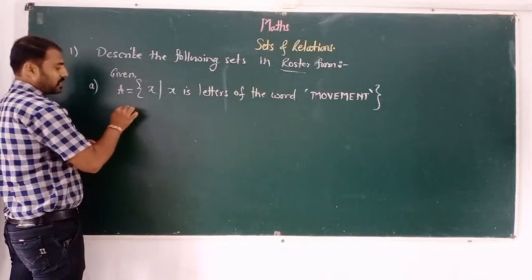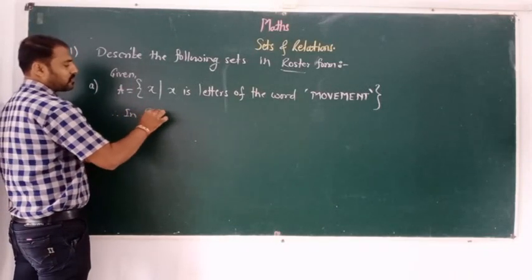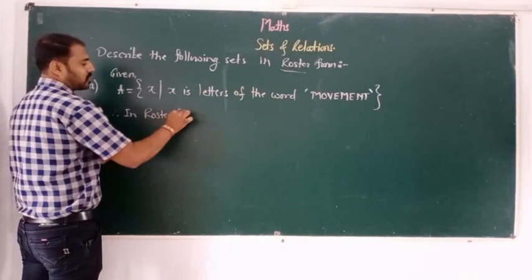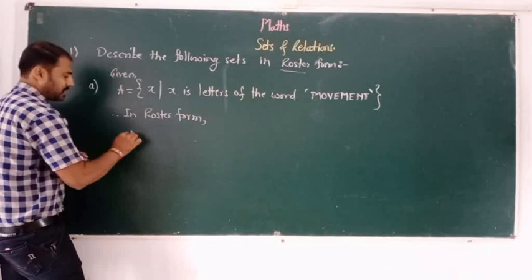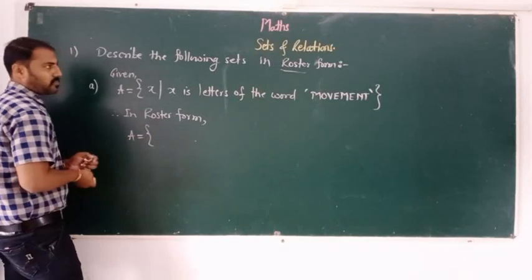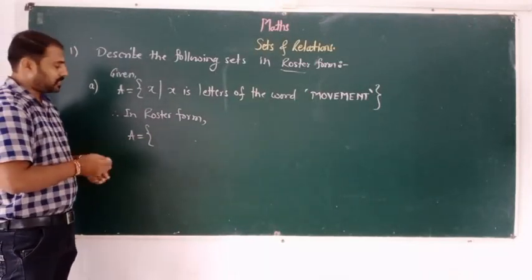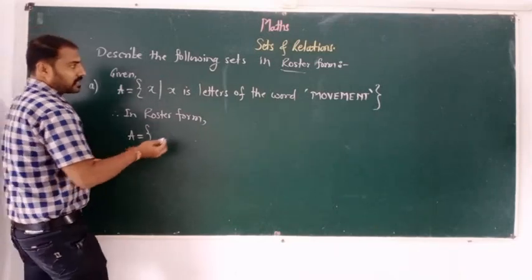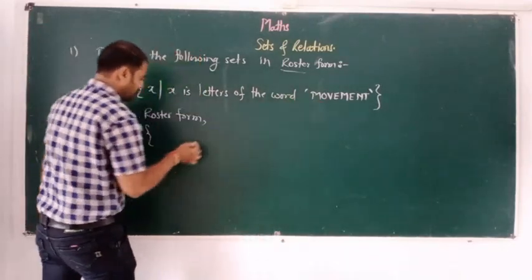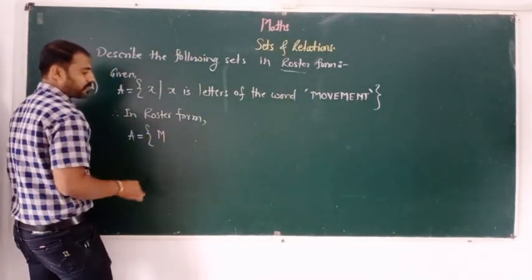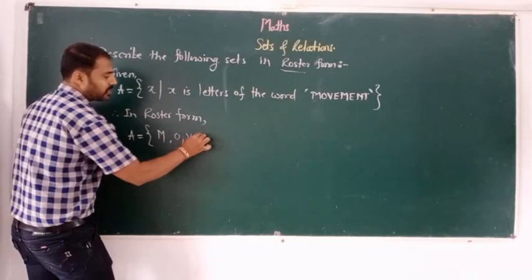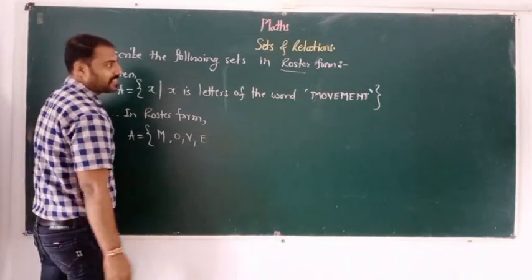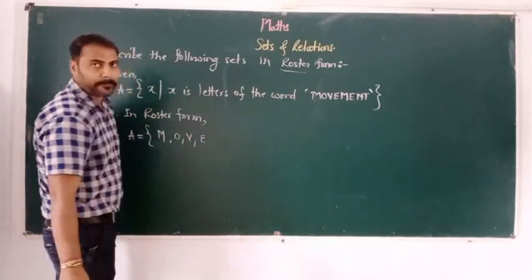So in roster form, I write the set as A is equal to curly bracket. First letter is M, second letter is O, third letter is V, fourth letter is E, fifth letter is M.